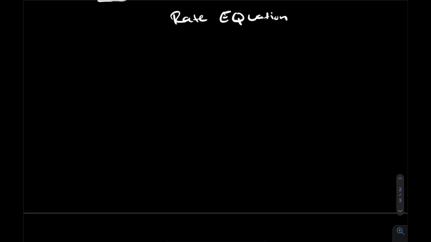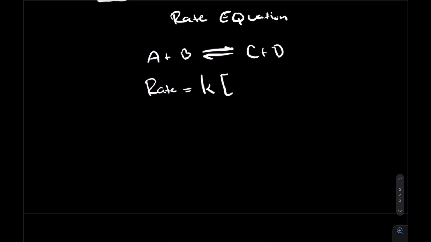And a rate of reaction just occurs, not necessarily your product and starting material ratios: if you have A plus B, and we said this is an equilibrium, and they go to C and D, how fast is that? What is the rate of that reaction? And the rate of that reaction, all right, is some lowercase k rate constant times the concentrations of your starting materials.